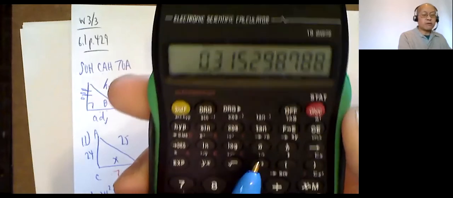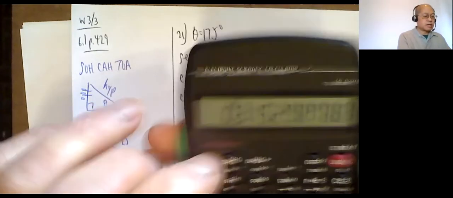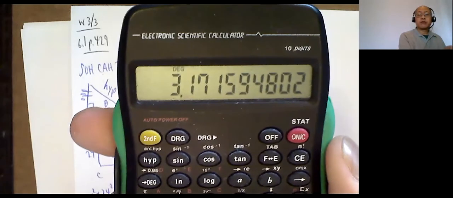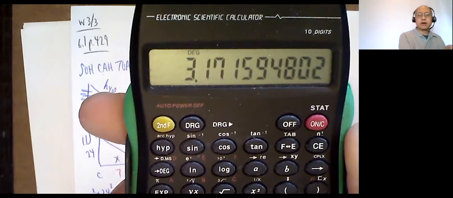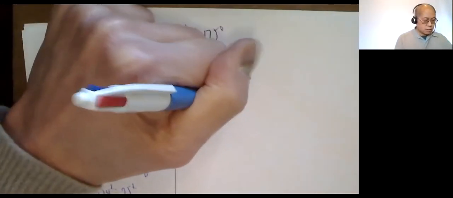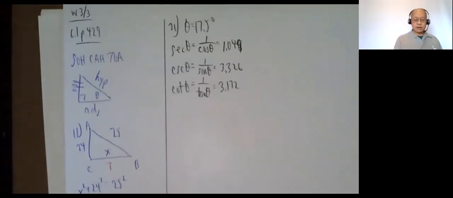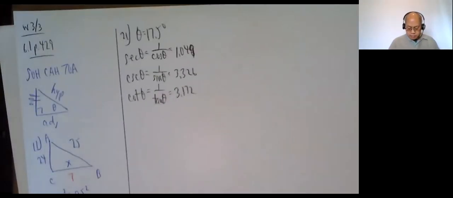Then I hit 1 over x, the reciprocal button, which is second function 1 over x. 3.172 rounded off. And there we go. So that's how to do that kind of problem.